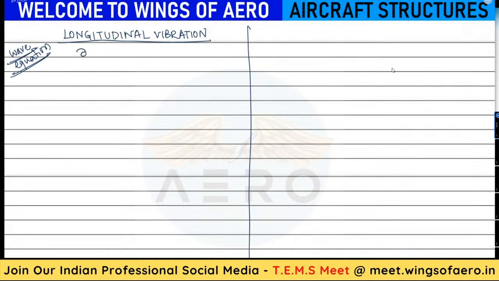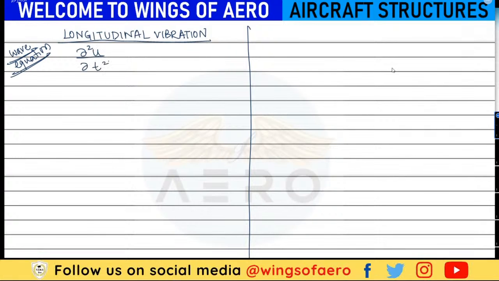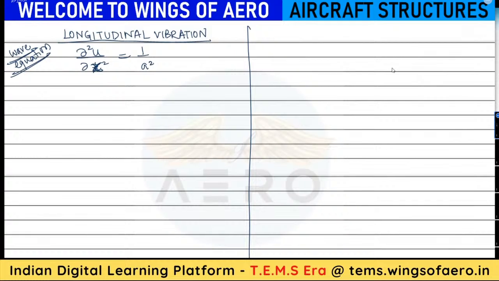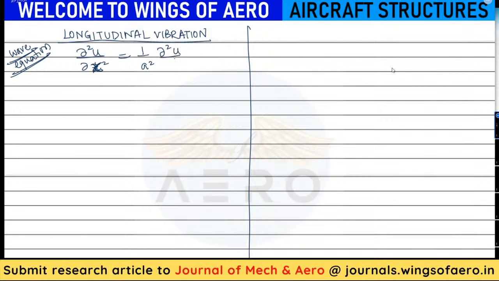It is ∂²u/∂x² equals 1/a² times ∂²u/∂t². Here a is a constant.